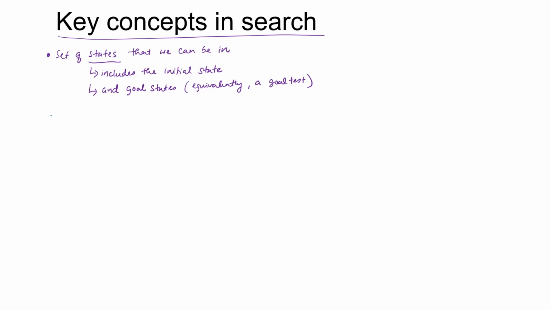Then the second key concept is, for every state, a set of actions we can take, and each action will result in a new state.